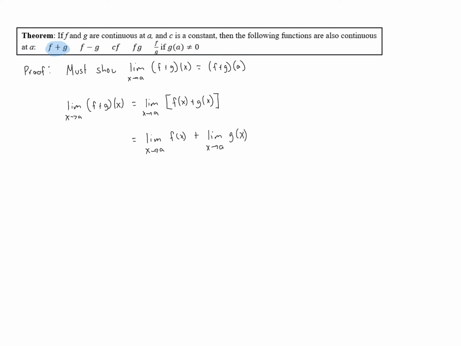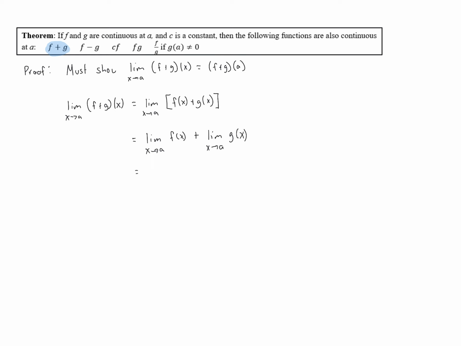Now, if we look at each of these limits, remember the thing that we were given in this theorem was that f and g are continuous at a. And remember, the definition of a function being continuous at a value is that the limit of the function as x approaches that value is simply the function evaluated at that value.